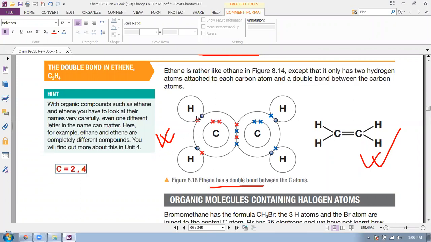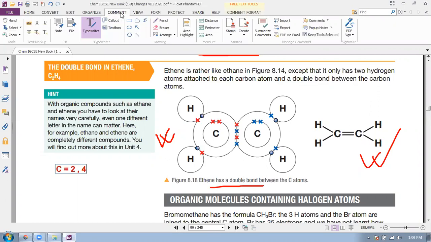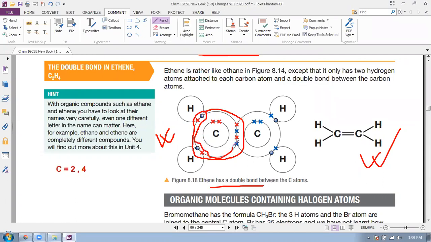So each carbon has, now look at this. If you count the outer shell electron, which are outer shell electron, you are understanding, right? These electrons of carbons are outer shell electrons. The electrons that I circled inside my ring, not these. These are inner shell electrons.